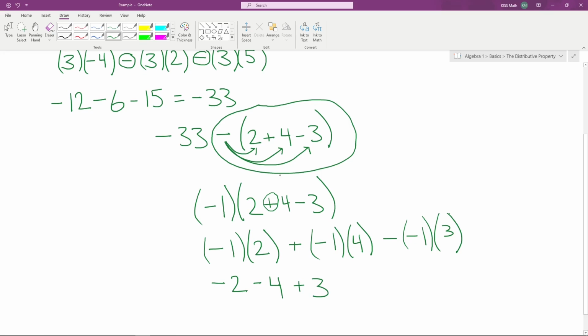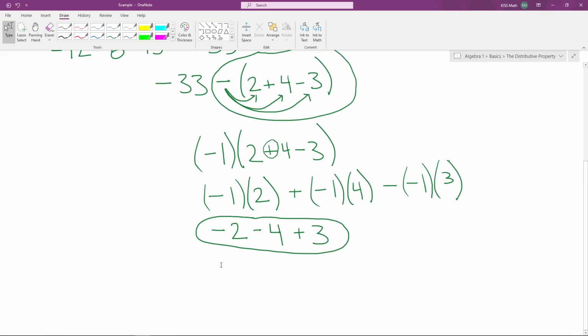And at this point, I can essentially rewrite this whole thing that we circled here. We can rewrite that as this. And if I do that, we would have negative 33 minus 2 minus 4 plus 3.